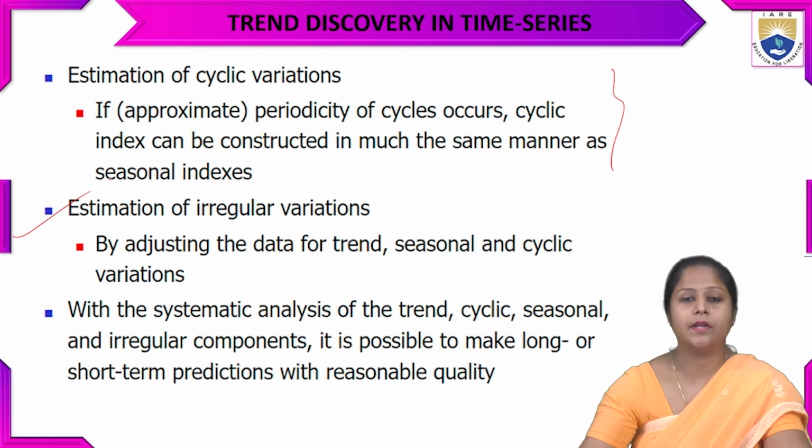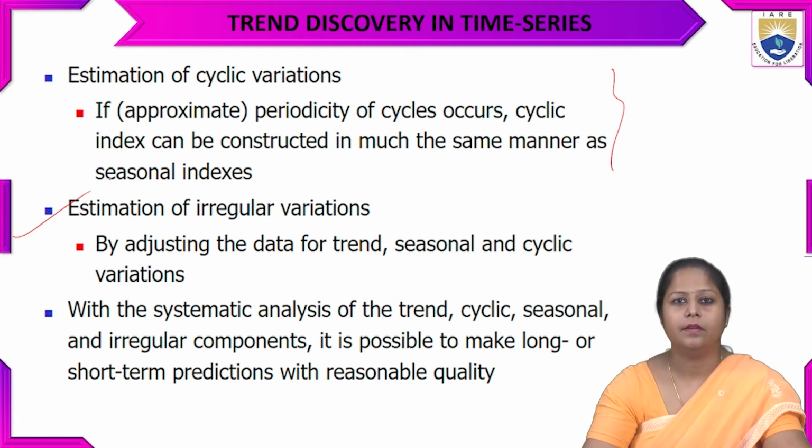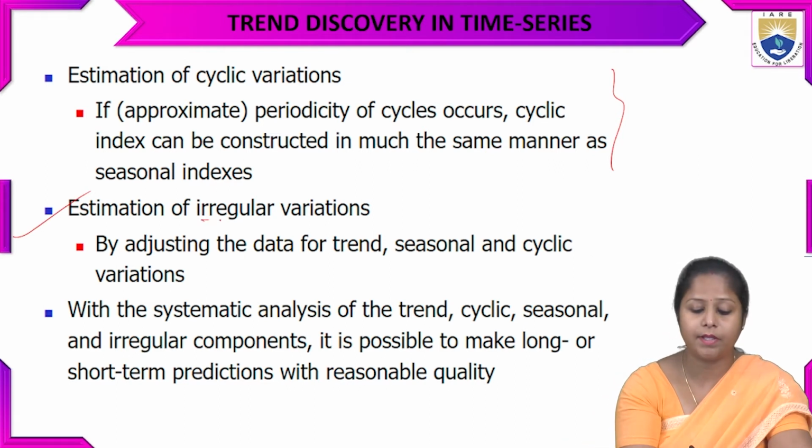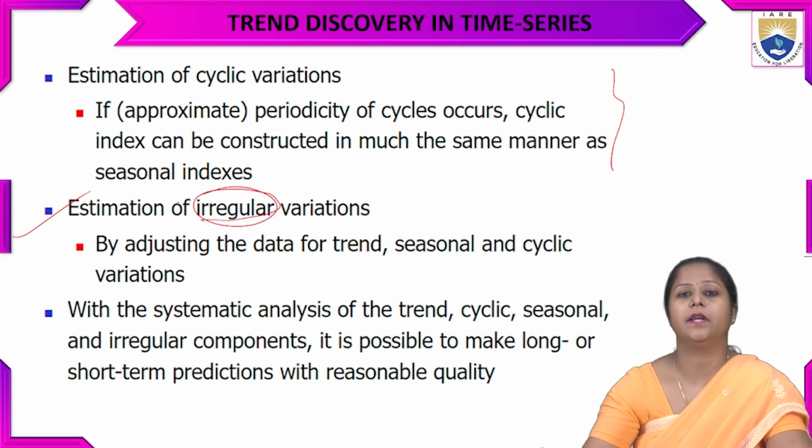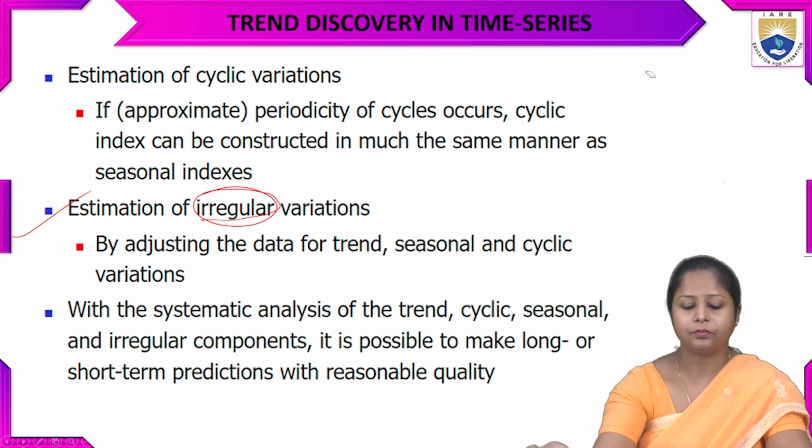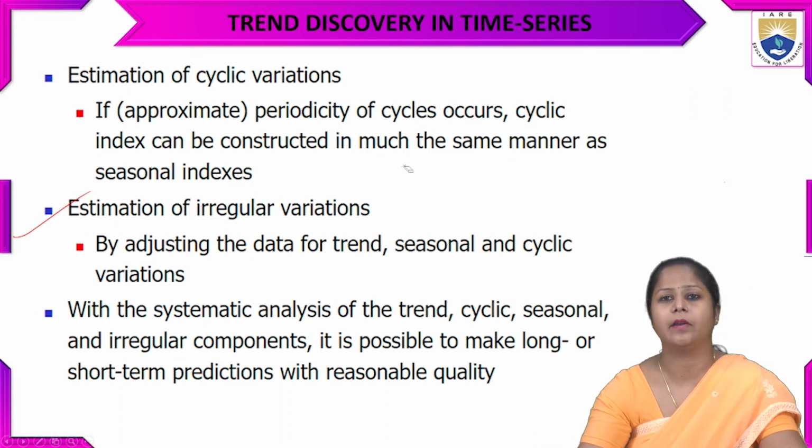Next is estimation of irregular variations. So here comes irregular. If there is no trend in between, again like this, that is the irregular interval. There can be many types of irregular trends.